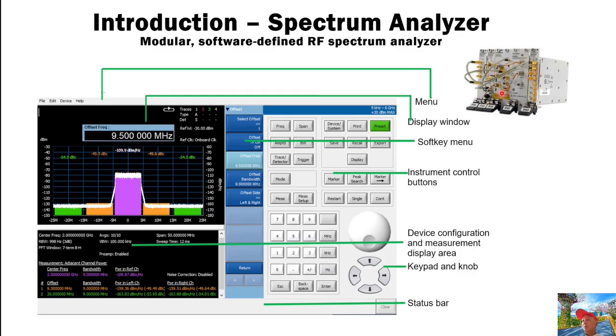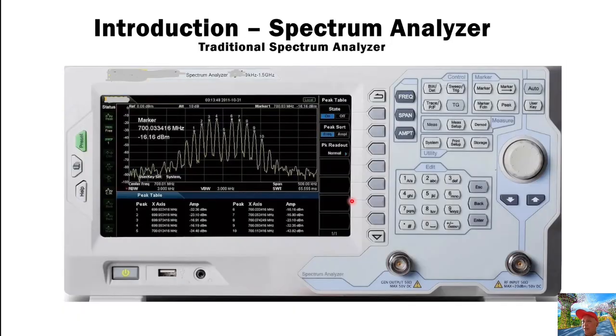As I just mentioned, you can find these from Keysight, NI, or other vendors. And this is a screenshot from one of the computers which has the software installed. You can see this user interface is quite similar between the software-defined spectrum analyzer and the traditional one.